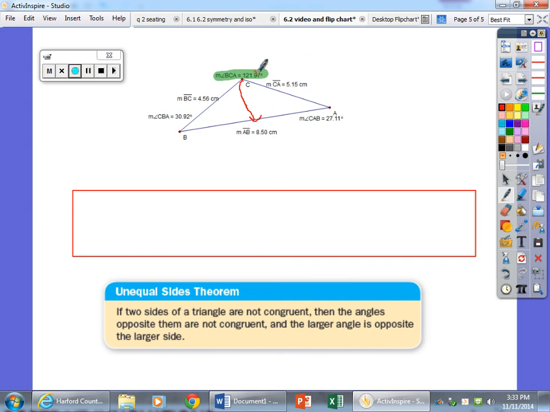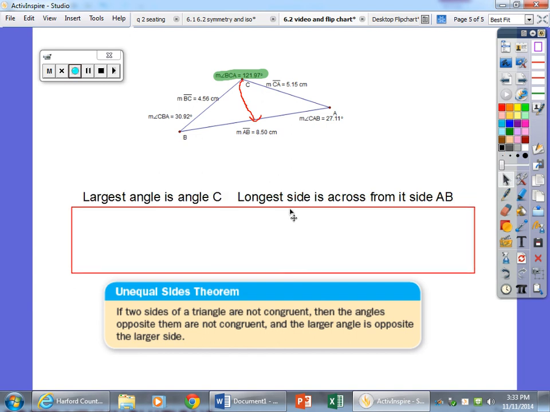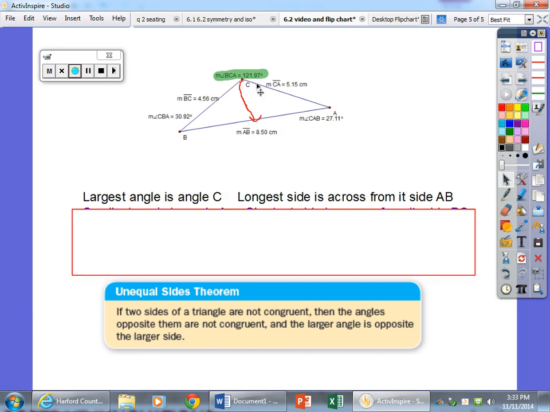That is the largest angle, and if you compare the measurements of the sides, the longest side is opposite the largest angle. Angle C is my largest angle, and if I compare the sides, the longest side is across from angle C. It continues to work that way also.